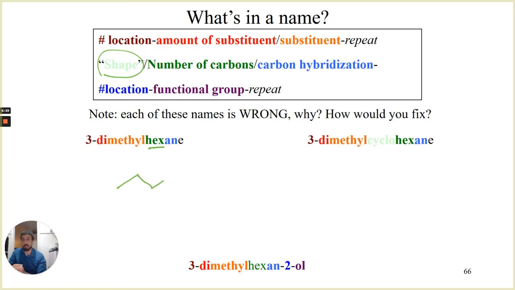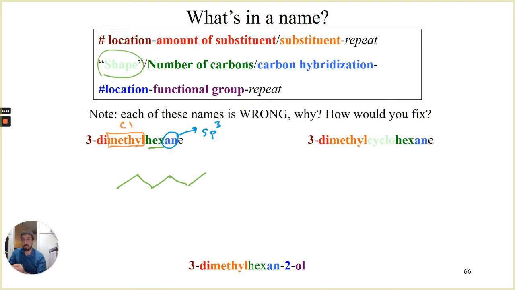So 2, 4, 6, okay? Note that I do those all as sigma bonds, and that's added to the fact that we have that ane, which is really telling us that within that main chain, those are all sp3 carbons. So no double bonds, no triple bonds. Okay. The E part of the name is just the ending on the name, so we don't really care about that. Okay. The next part, we have some methyls.